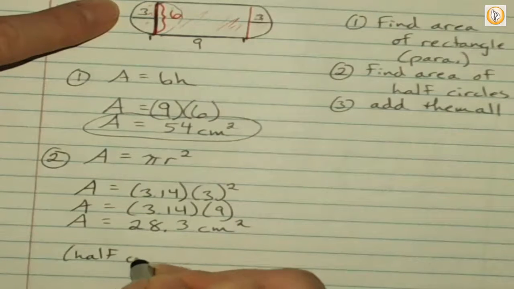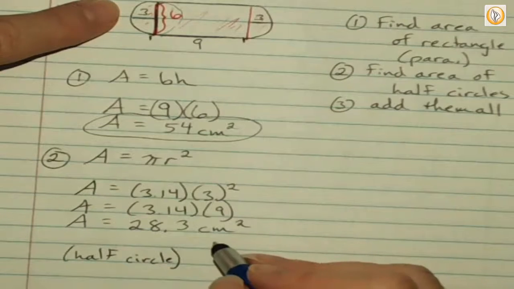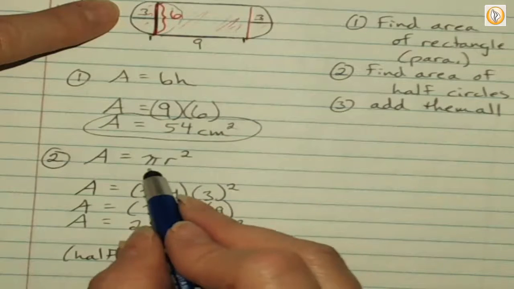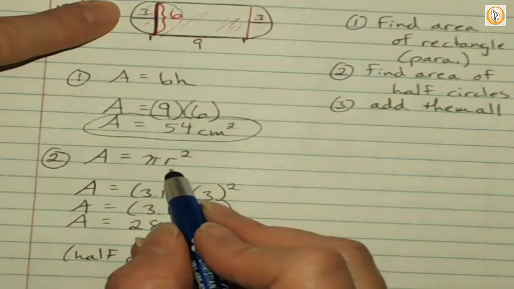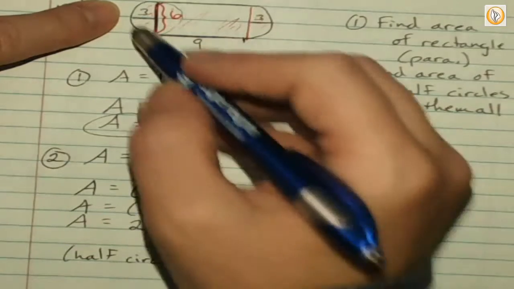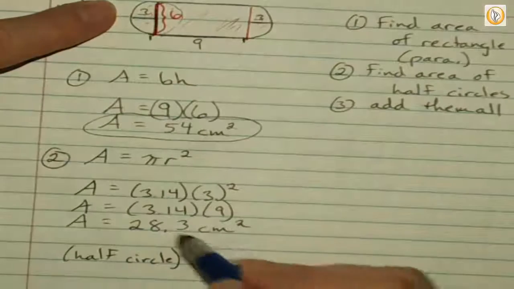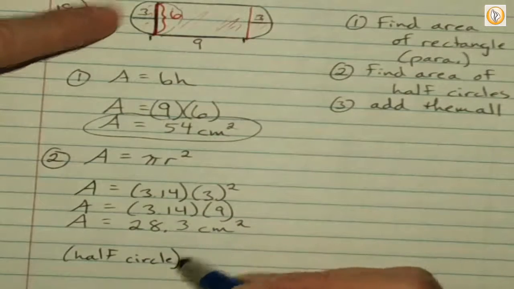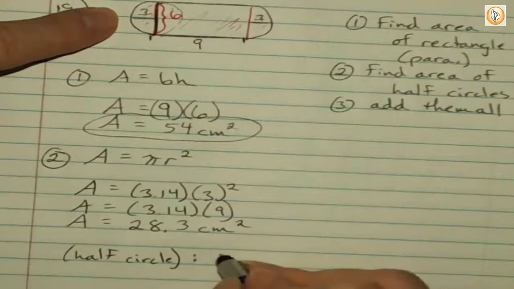Wait, I thought that was just for half of the circle. This is, but pi r squared is for a whole circle, right? Oh. Right? Yes. And we're looking for just half of a circle, yes? Yes. So we got the area for a whole circle, and to get half a circle, we divide by 2.